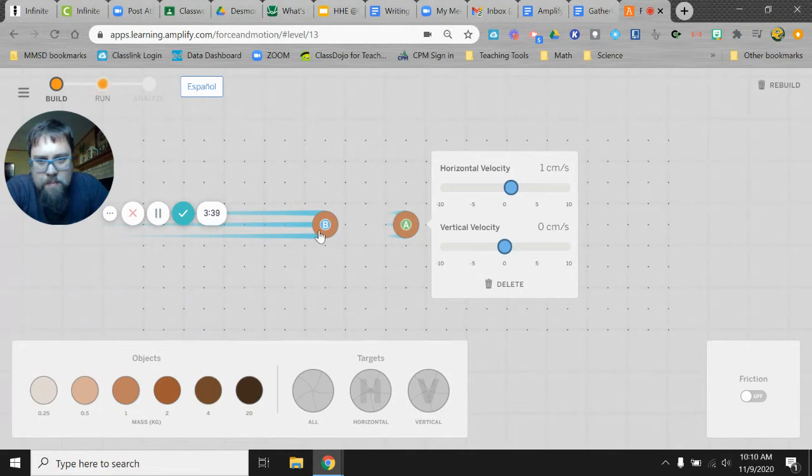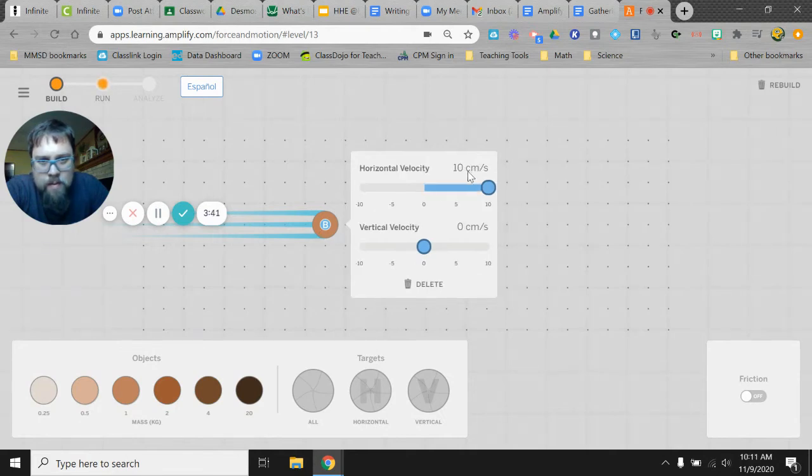And let's have B with the velocity in the same direction to the right of our page with 10 centimeters per second velocity. And let's just see what happens there. Okay, so remember, they're both objects traveling in the same direction. Let's see what happens when we run this.